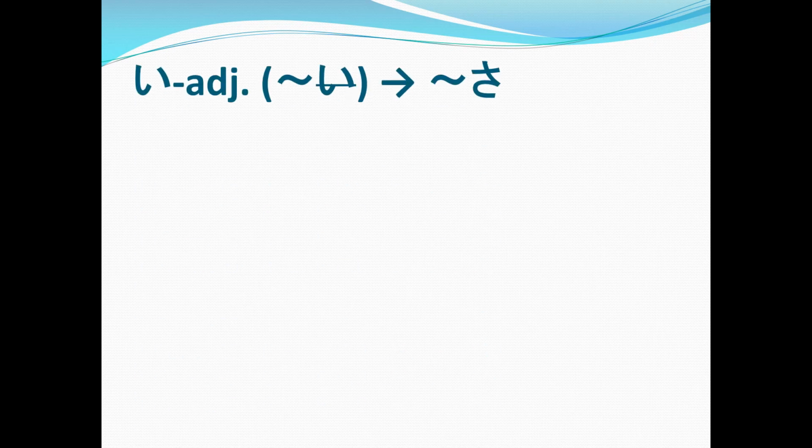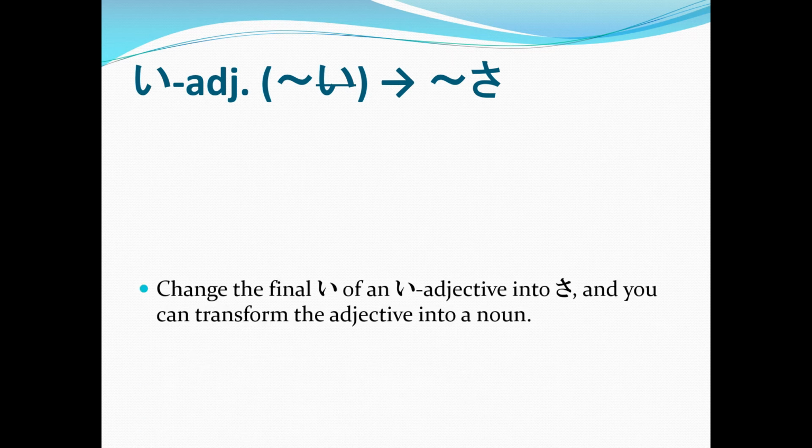Now, sometimes you would have to transform an adjective, particularly an i-adjective, into a noun. So how do we do that? For an i-adjective, remove the last i, then change it into sa.